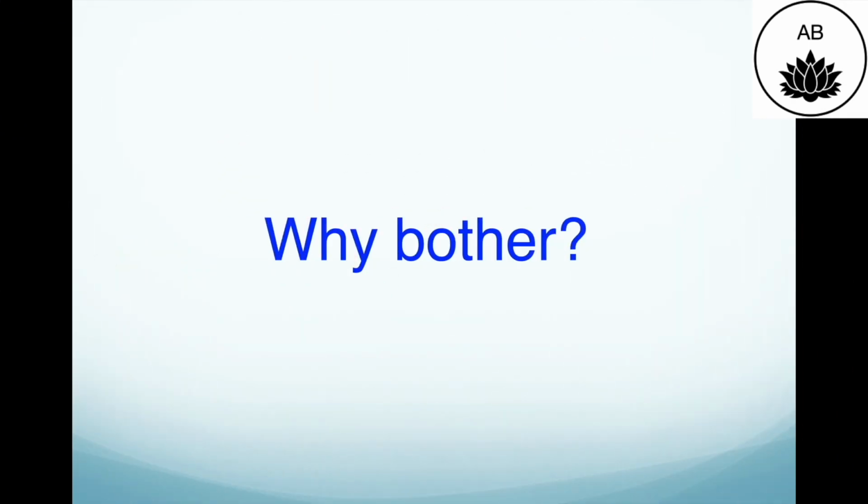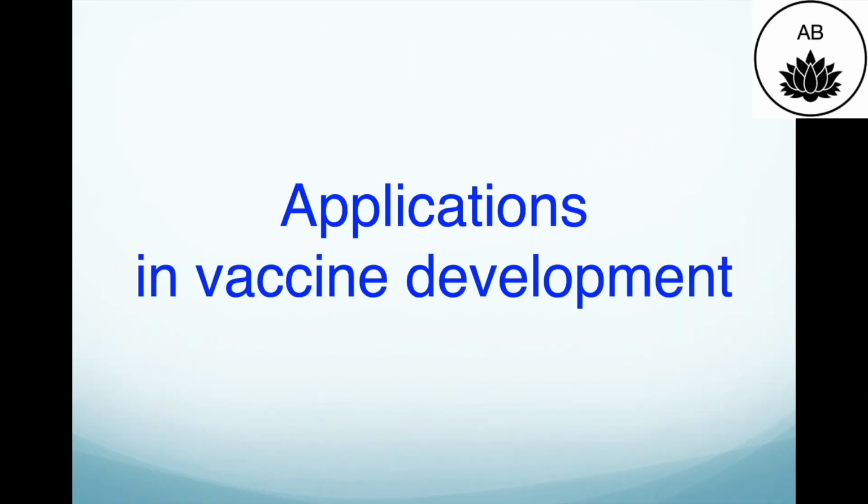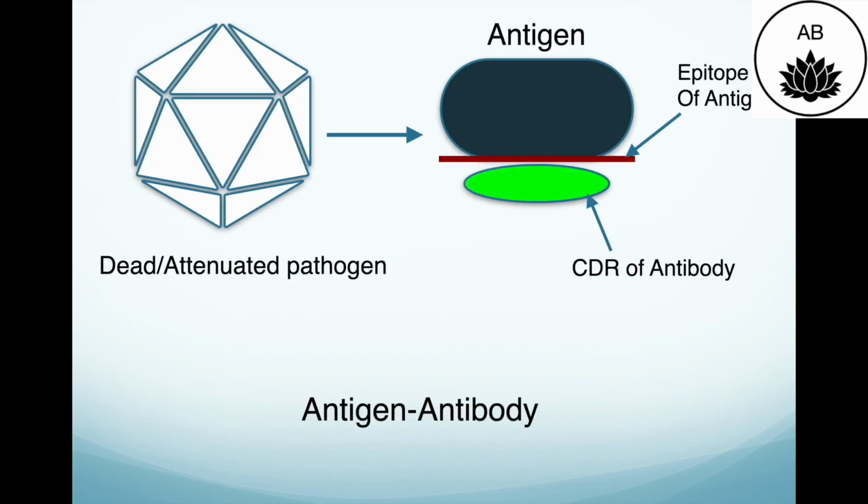Now, why bother about all that I told you? Because they have applications in vaccine development. What happens in case of a vaccine is that a dead or attenuated pathogen, that is a dead or a weakened pathogen, is introduced into the host. The host's immune system gets to know the pathogen, it gets to know the antigens from the pathogen, and it produces antibodies in response to that. Right?